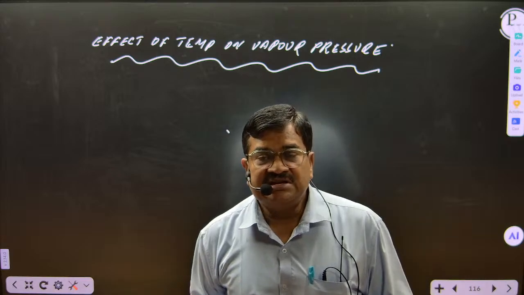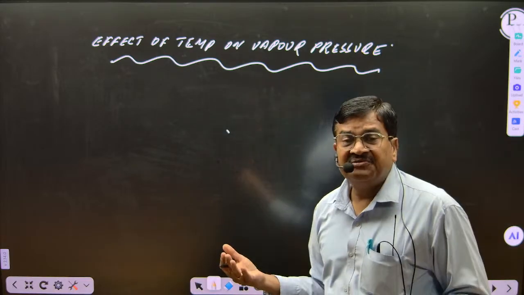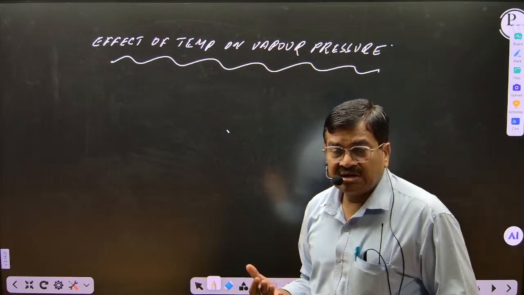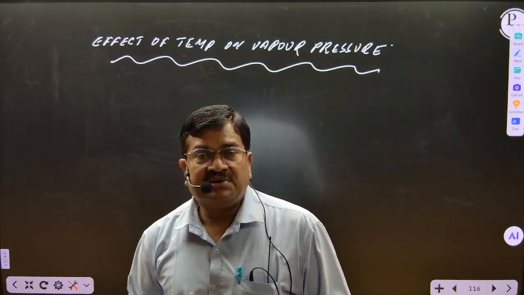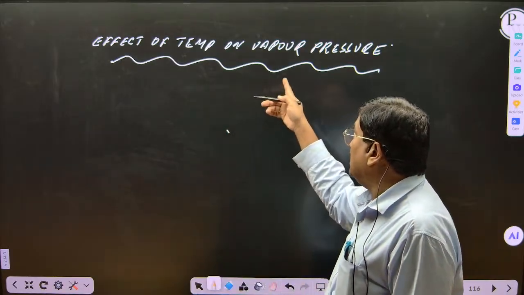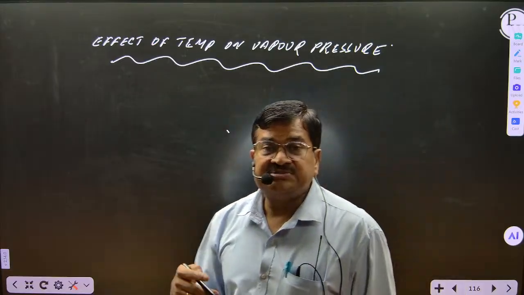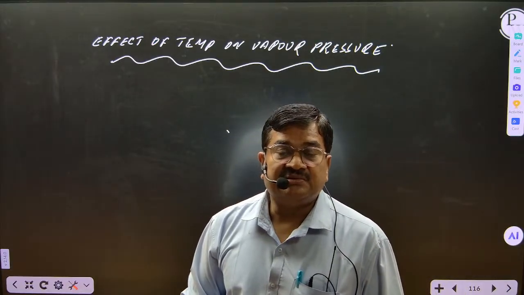As we learned just now, with increase in temperature, kinetic energy of the molecules increases. Correct. So more molecules can transform into vapor. So hence what we say, the rate of evaporation increases exponentially with increase in temperature.